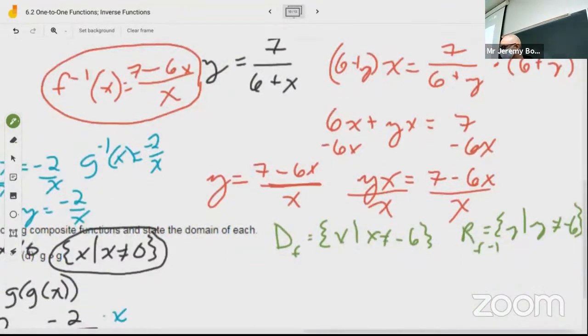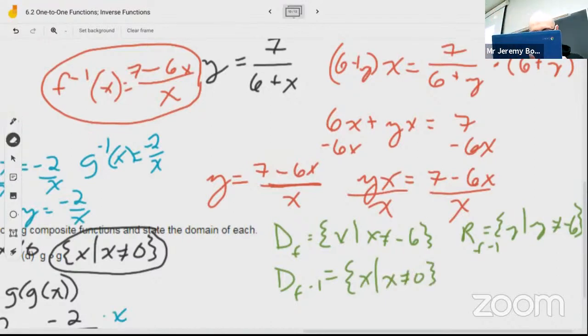And so we know what's the domain of f inverse. X can't equal 0. You've got x down there in the denominator, so you don't want it to be 0. And so that means that the range of my original function is going to be y can equal 0.